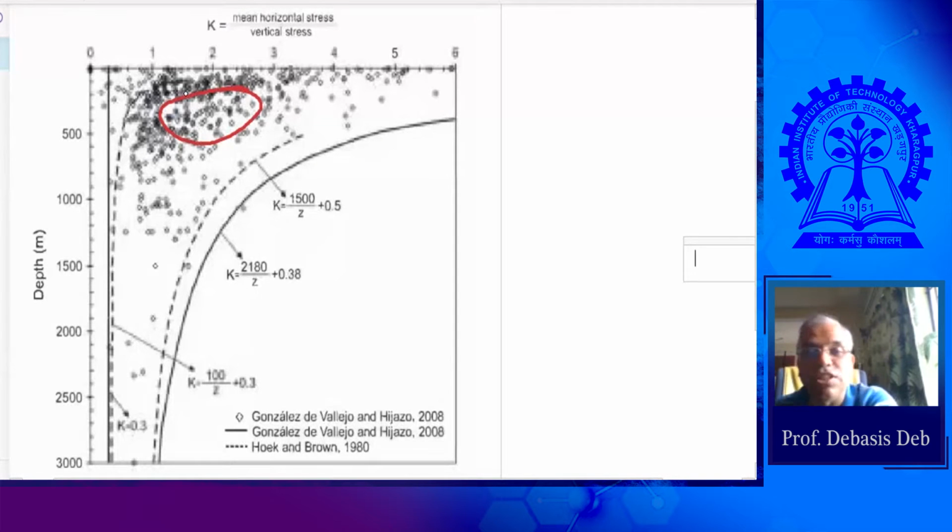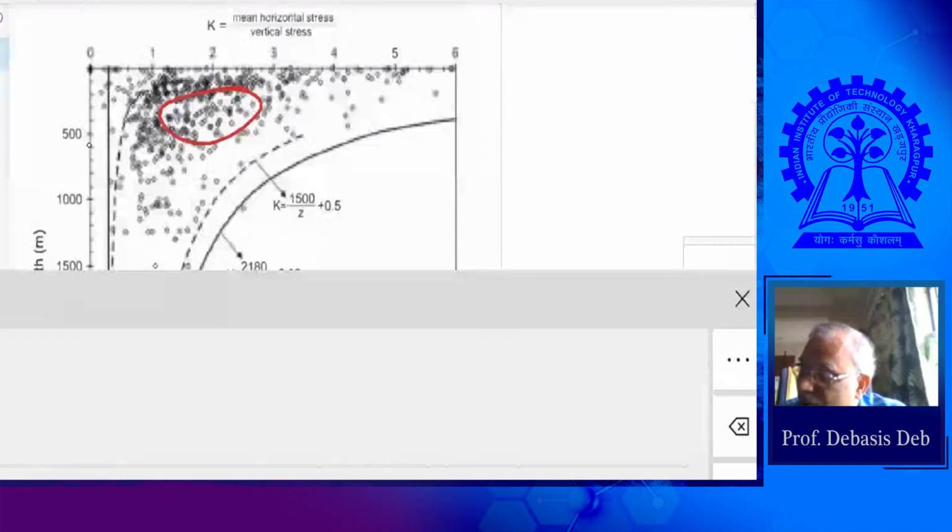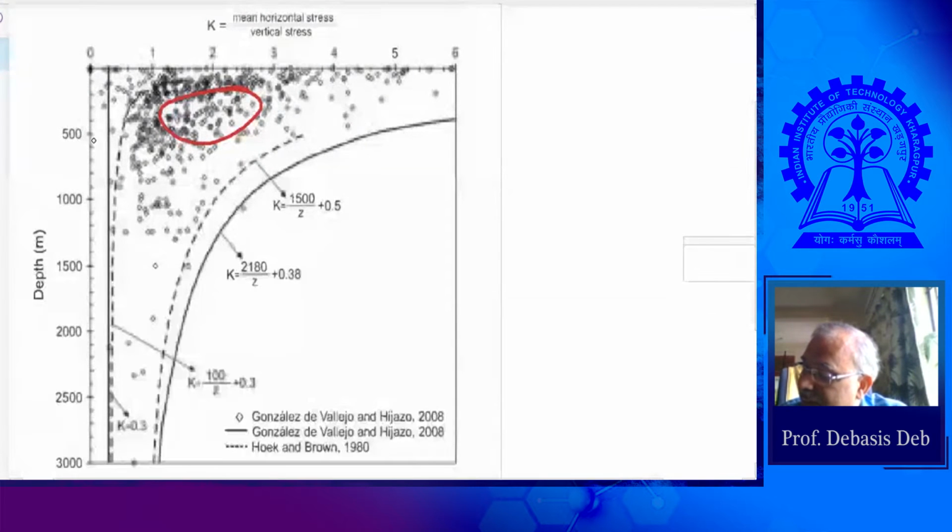All these points which are showing here, and you see the depth, it is about 500 meter, and you see the ratio varies from all the way to 5, even 6, to somewhere 1 also. Okay, so the concentration is somewhere around this zone, right? And this is, you can see, about a 200 meter zone.